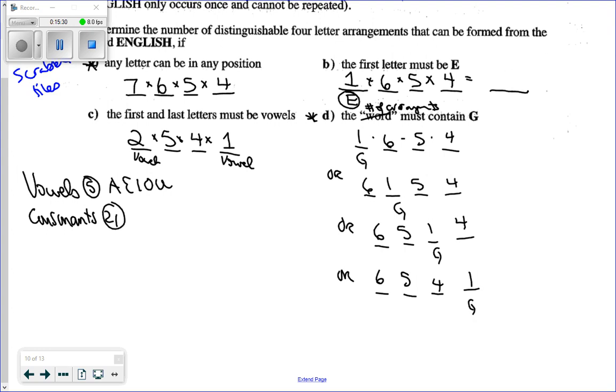It's the same choice every time. So these are all being multiplied because you need the G tile and another tile and another tile and another tile. But your arrangement could be this or this or this. So I think this equals 120. So you would go 120 plus 120 plus 120 plus 120.